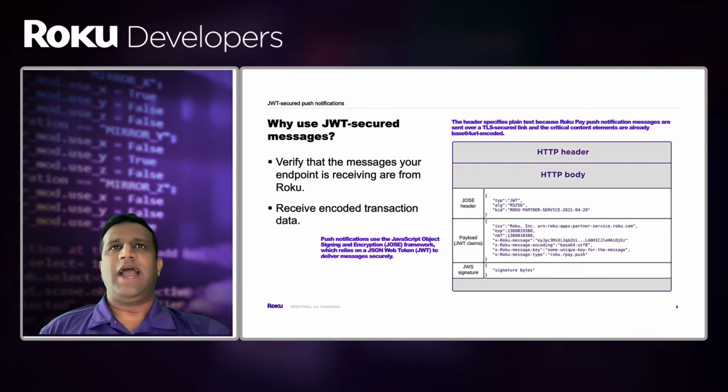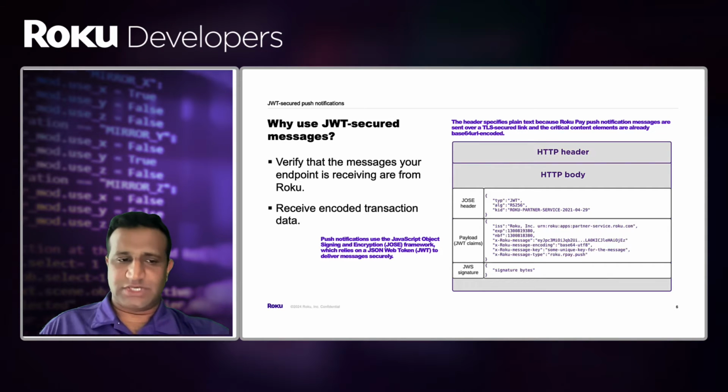Then you can extract the payload and check for the claims. Roku normally uses three registered claims: issuer, expiration, and not before. Those are the three registered claims that you would be able to see. Then come the actual custom private claims, which are Roku's message and encoding type, key, and the message type. We will talk a little bit more about those elements later, and especially in our demo, we will go over each element.